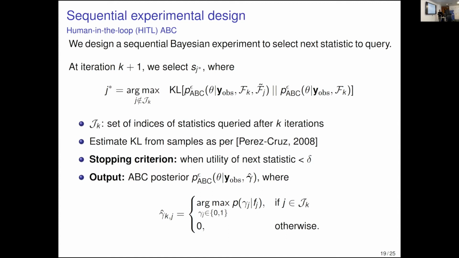I mean, so we don't necessarily evaluate, we pick the statistic which, let's say, we think is the most informative. And that is what we're trying to do here. We're trying to construct some utility of each statistic. And if we think it's a very good statistic to ask or to add, then we ask the expert about it. Yeah. If, let's say, we don't think it's useful, then there's no point asking the expert about it.